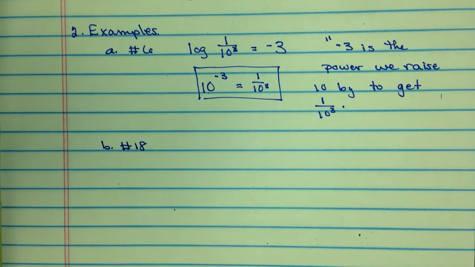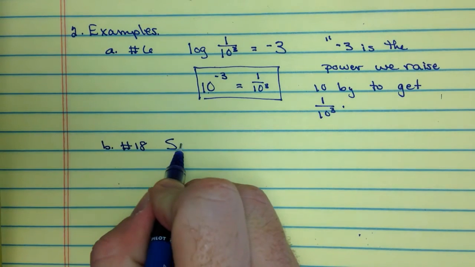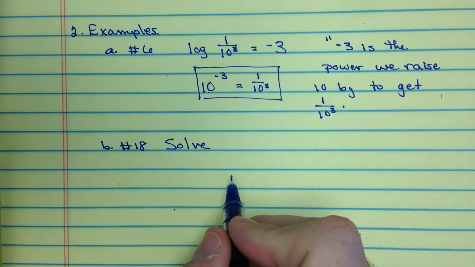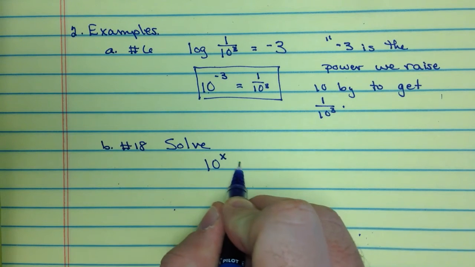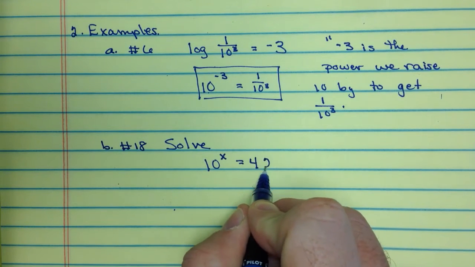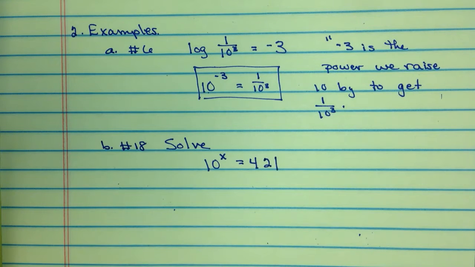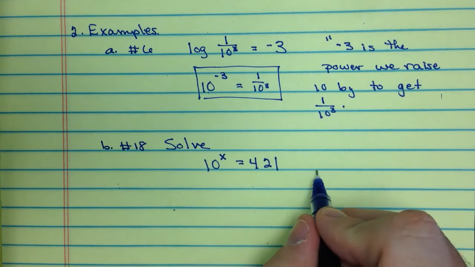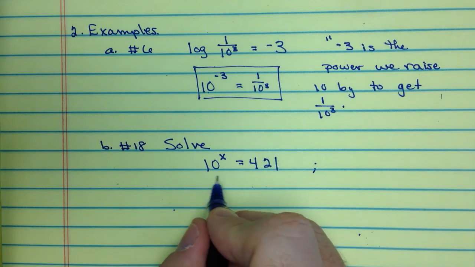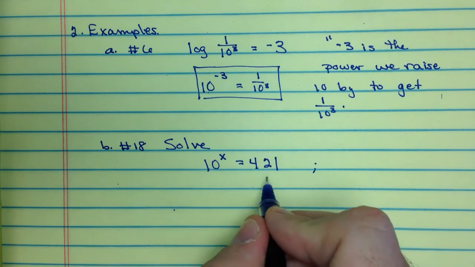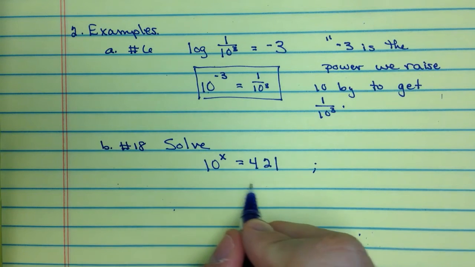Number 18, here we're going to solve some equations. So let's solve 10 to the x equals 421. The whole idea here is, first we want to solve for the exponential piece. Well, that's already done, so we have 10 to the x equals 421.